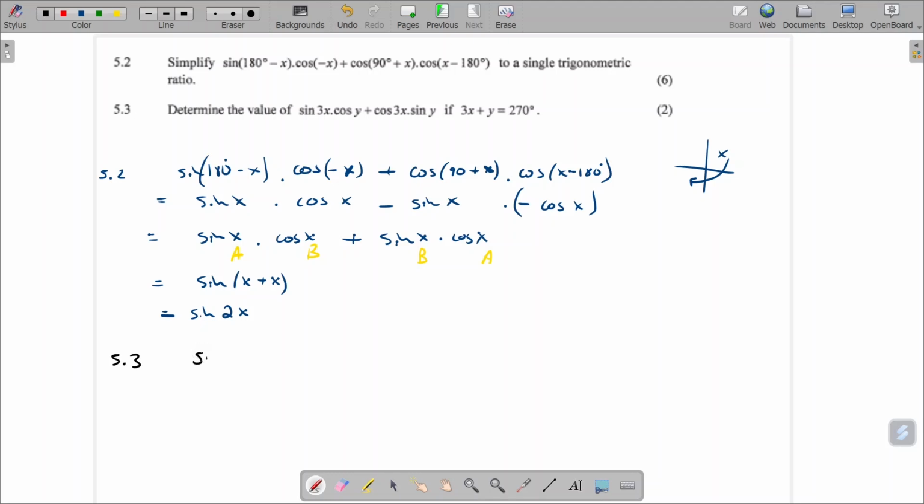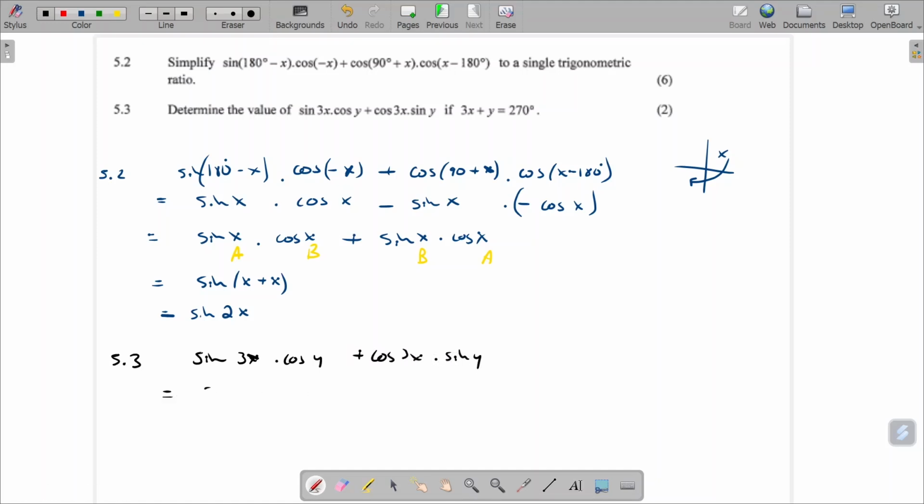Okay, 5.3, find the value of that. Okay, so we've got the same idea. We've got sine times cos plus cos times sine. So therefore we've got sine 3x times cos of y plus cos of 3x times sine of y.